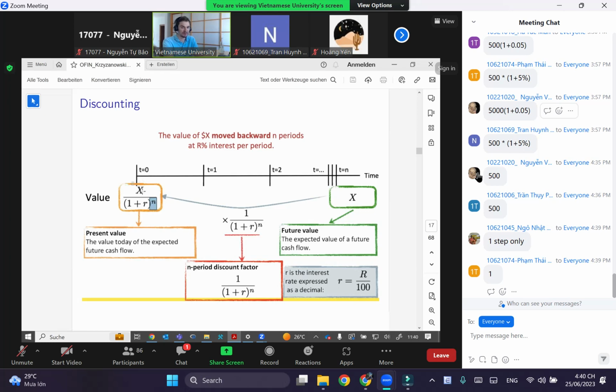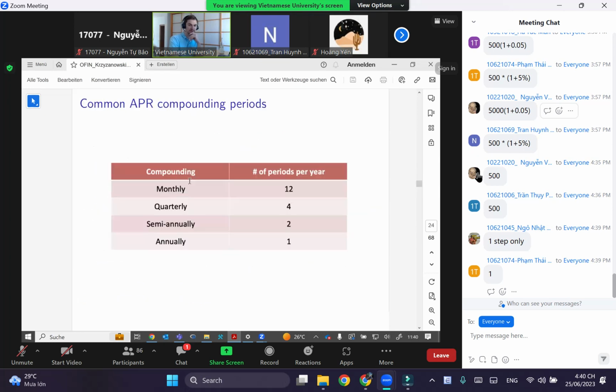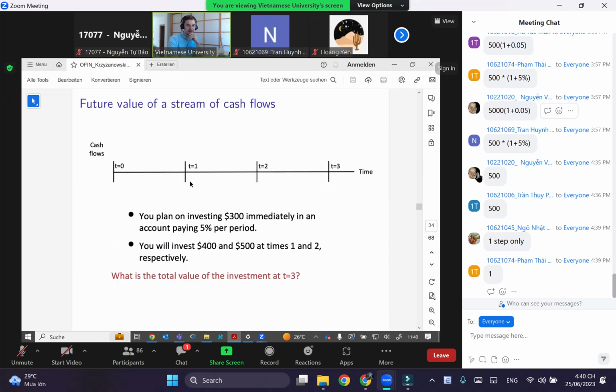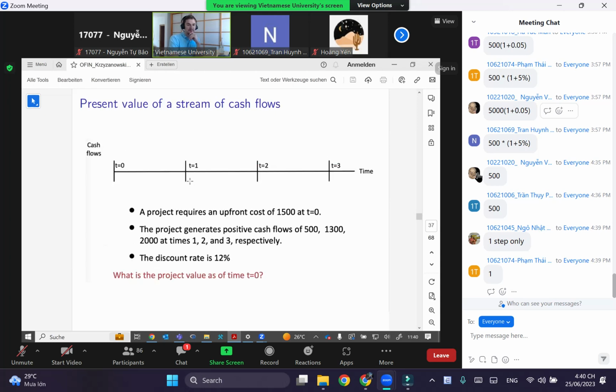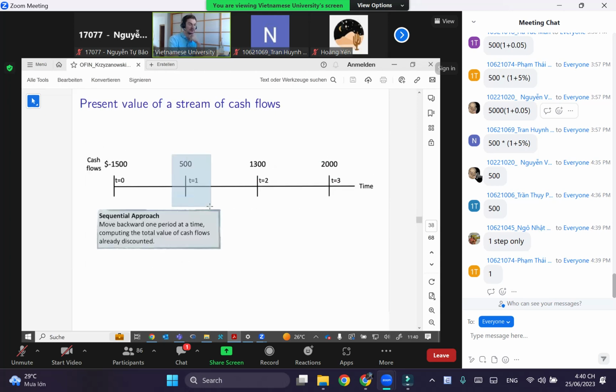Well, we have 500, the monetary amount we receive in period 1, divided by 1 plus 0.12, which is the 12%, to the power of 1. That would be our present value of the 500 when we discount by 1 period.